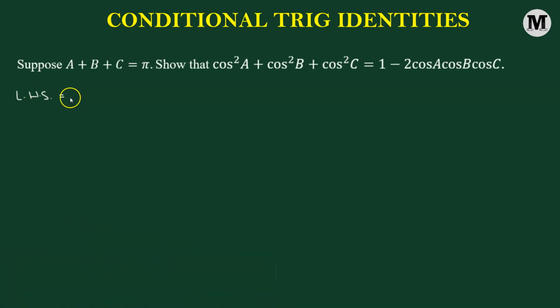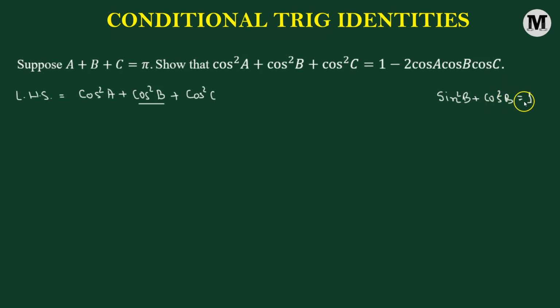On the left side we have cosine squared A added to cosine squared B plus cosine squared C. Now, in order to solve this problem, we're going to transform cosine squared B to sine. How shall we do that? That's a very simple task. We know that sine squared B added to cosine squared B is always going to be 1.